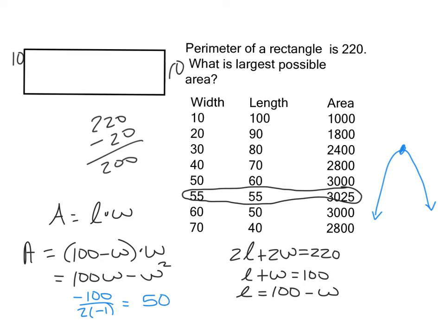Wait, why is it 50? Oh, I wrote 100, it's 110. Oh, so many mistakes. That's 55. And then if you plug in, you get 55 again.